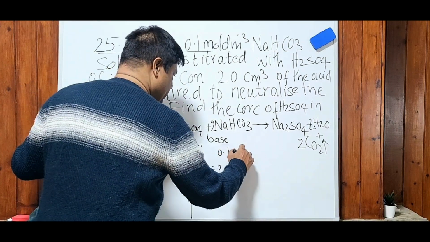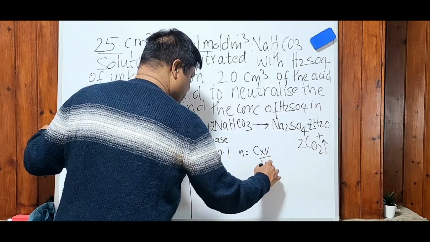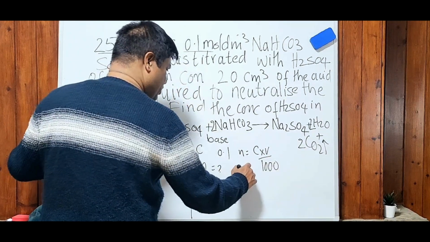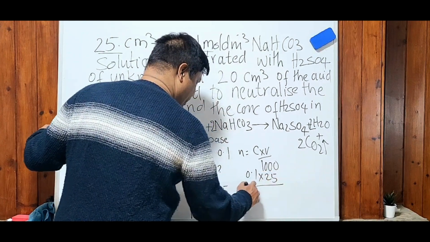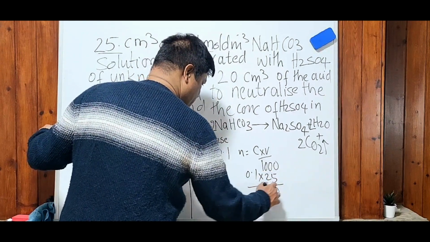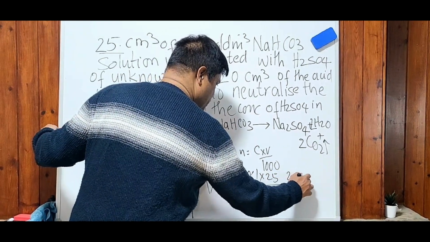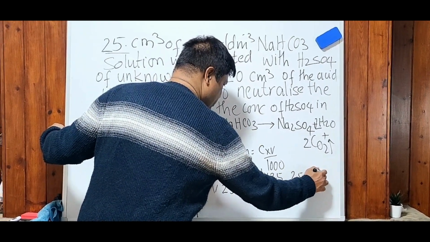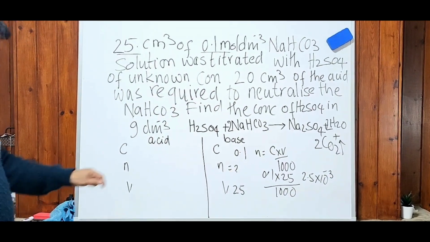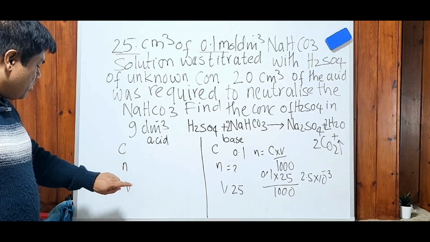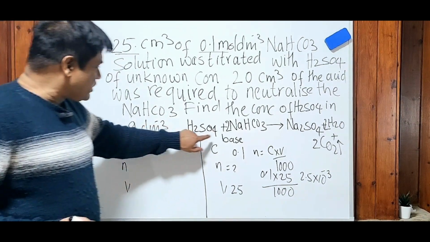So n equals C times V over 1000, which is nothing but 0.1 times 25 divided by 1000, which is 2.5 into 10 to the power of minus 3 moles. Now we have to work out the mole of acid by looking at this equation.